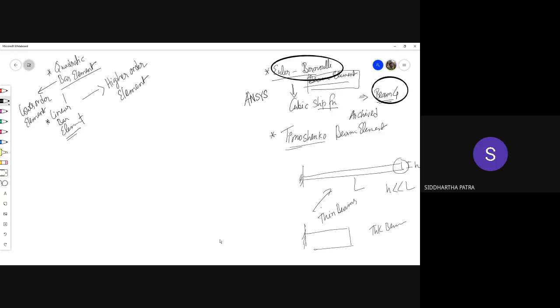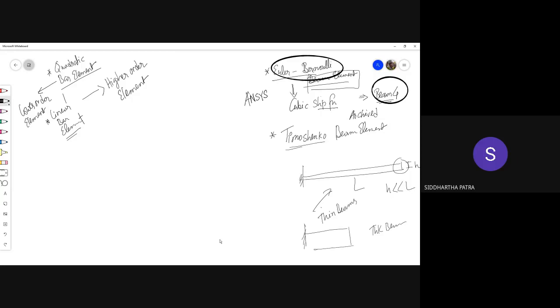It used to be a primary beam element, probably a decade ago, but right now they do not suggest you to use this element. It will be very difficult for you to even find the Euler-Bernoulli beam element in ANSYS.